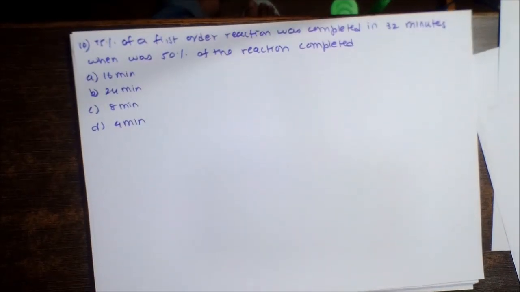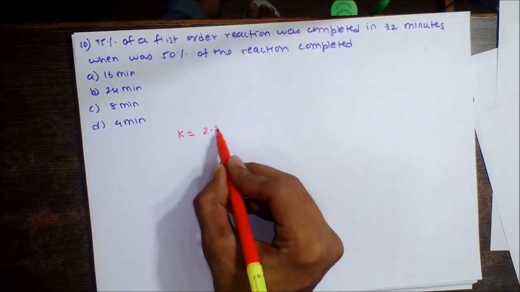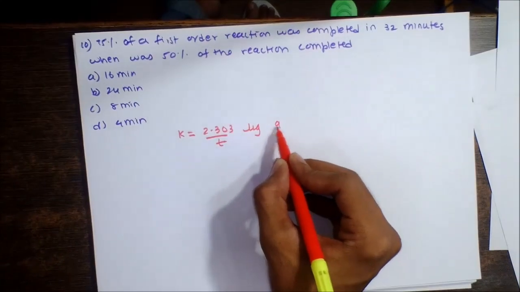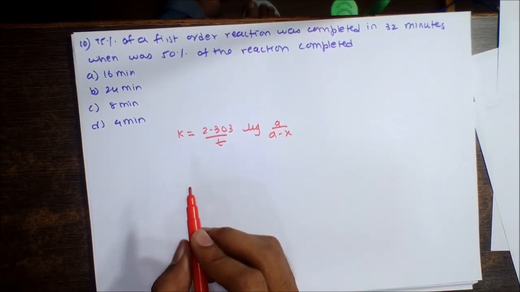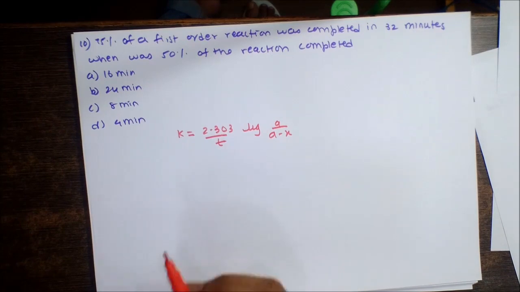Question 10. 75% of a first order reaction was completed in 32 minutes. When was 50% of the reaction completed? K equals 2.303 upon T log of A upon A minus X. Now, in the first case, 75% of the first order reaction was completed.